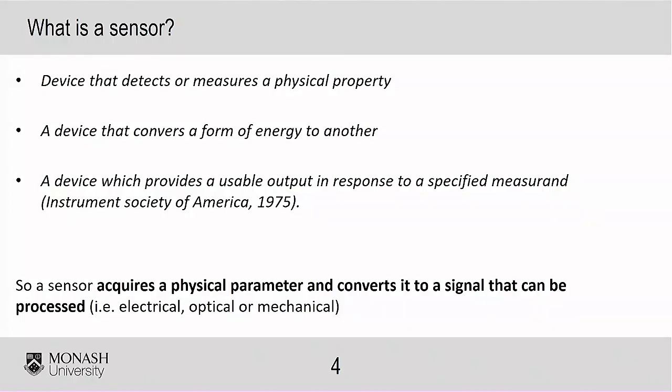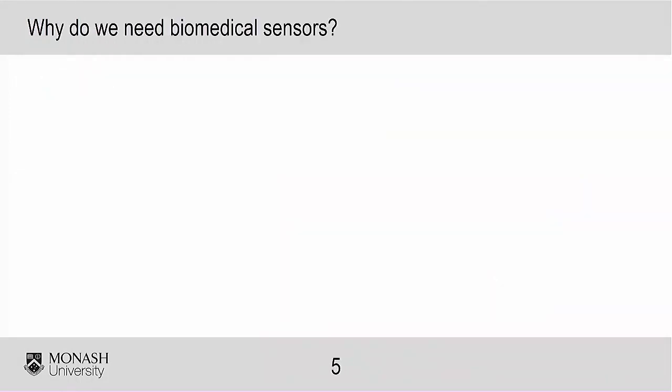We can also say a sensor is a device which provides a usable output in response to a specified measurement. Essentially, a sensor acquires a physical parameter and converts it to a signal that can be processed or used. It's important that we are able to process or use it in the form that it's converted to, whether that's electrical, optical, or mechanical. There's a bunch of different ways that we can do that.